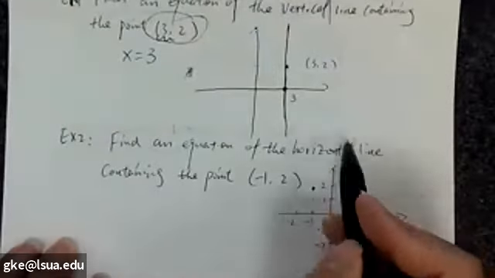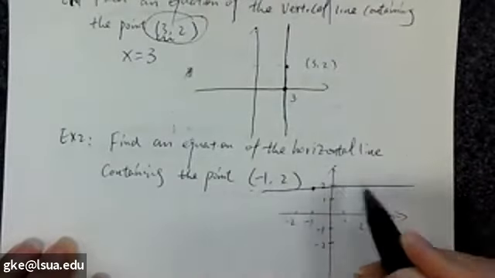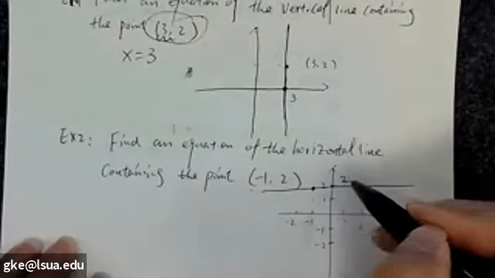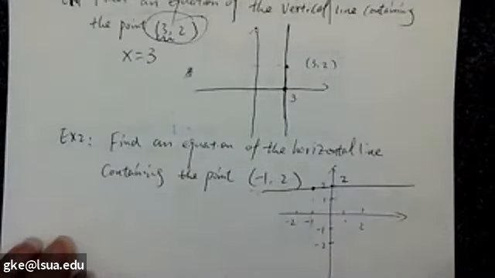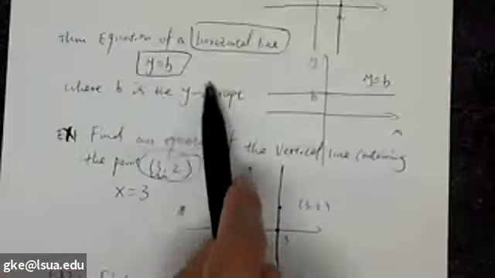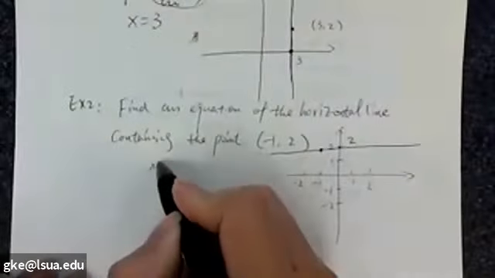And then you have a horizontal line that goes through this point, and you can tell that the y-intercept is 2, right? So based on the definition, y equals 2 is the horizontal line.